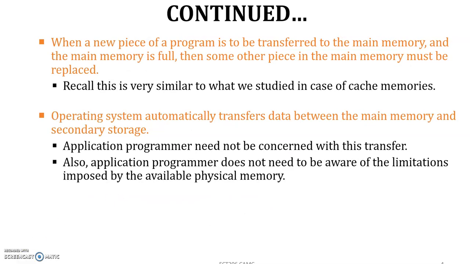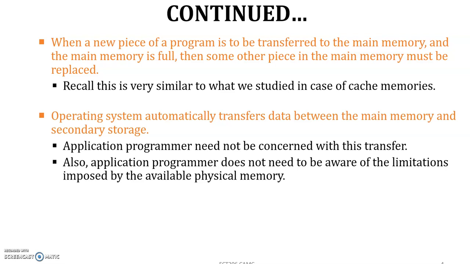When a new piece of a program is to be transferred to the main memory and the main memory is full, then some piece of data in the main memory must be replaced. This is the same thing that we discussed in the case of a cache memory.